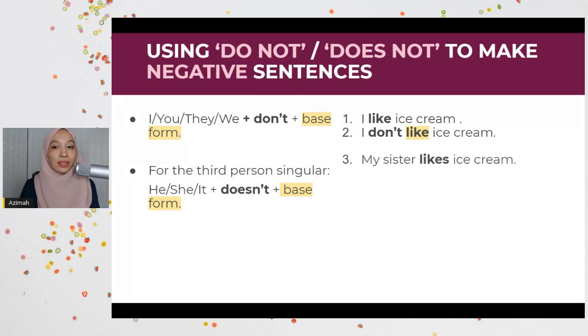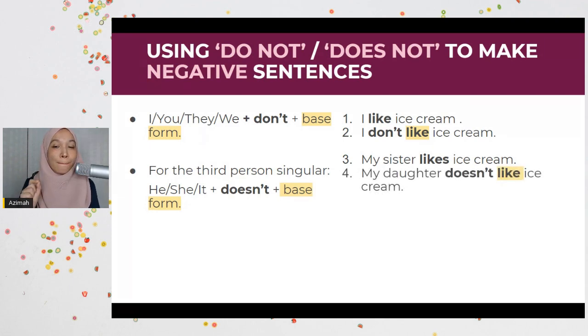Pay attention to this third example. My sister likes ice cream. Can you guess if I put doesn't, would it be like or likes? It would be, oh, I put my daughter there.